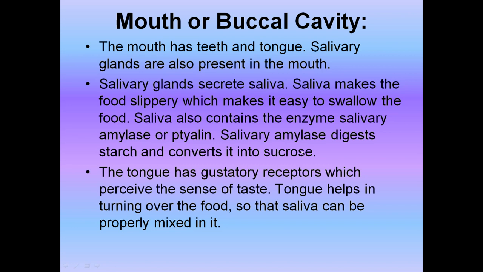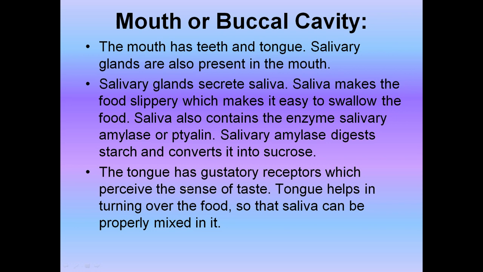This is a very important part you have to learn and memorize, that salivary amylase digests starch into sucrose. Saliva also helps in making the food softer so that it can be easily swallowed by the human.